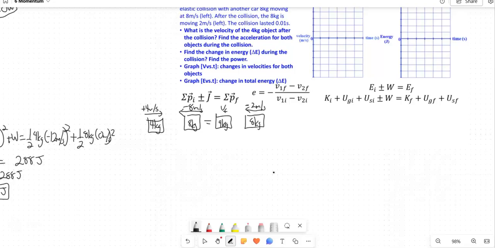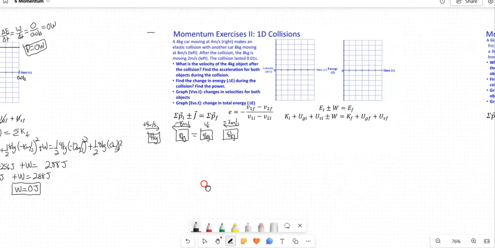So it seems like there might be a loss of energy during this impact. So my guess is right now that work is not going to be equal to 0. And then I want to compute the coefficient of restitution and show you what happens when you have an actual work that is different from 0 and how that affects the coefficient of restitution. So we're using this problem to kind of teach you.